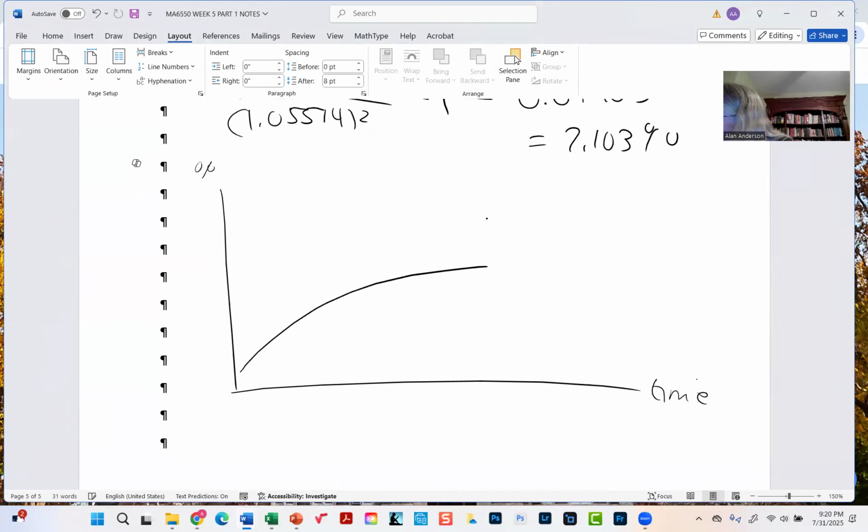If the yield curve is upward sloping, the spot curve, as we've already seen, is above it, and then so is the forward curve.